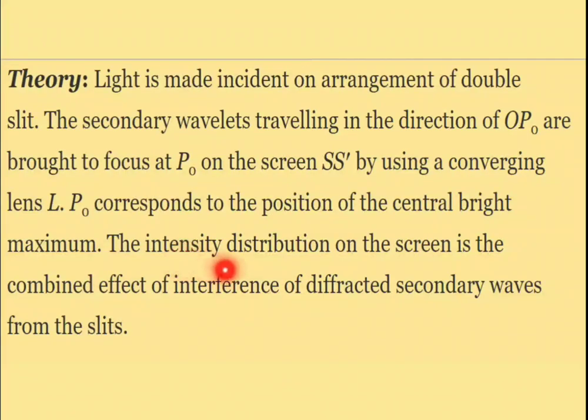Now the intensity distribution on the screen is the combined effect of interference and diffraction of secondary waves from the slits. That means in Fraunhofer diffraction due to single slit we observe only a diffraction pattern, whereas in Fraunhofer diffraction due to double slit, the intensity distribution on the screen is a combined effect of interference and diffraction.